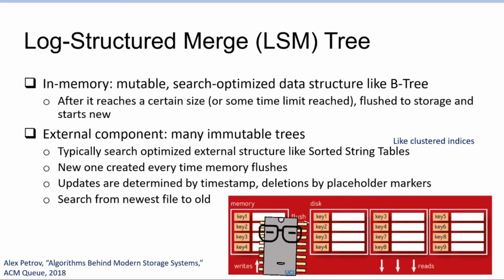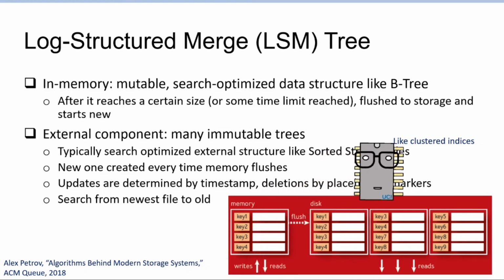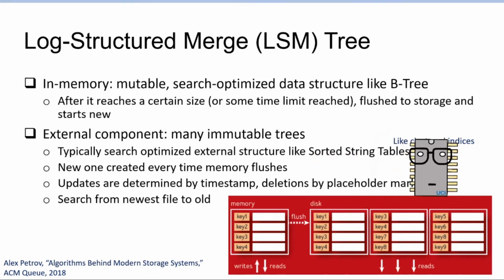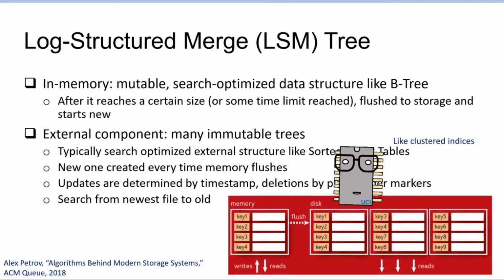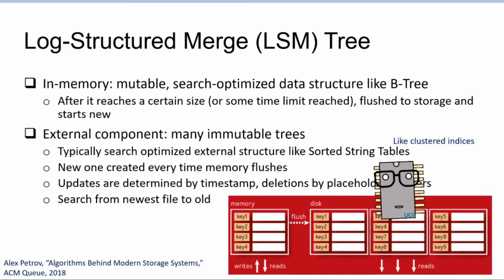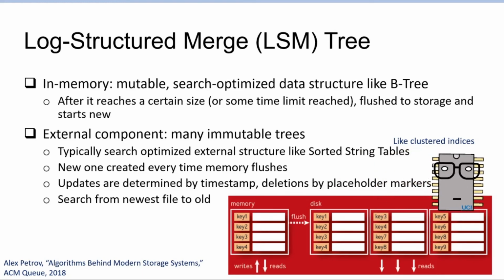So when that happens, you have to look at potentially all of these in-storage data structures in reverse chronological order, starting from the most recently created one to the oldest one. If you find it in one of these files, then great, you return it. If you don't find it, you have to go to the next one because you don't know for sure that it doesn't exist in one of the older files.